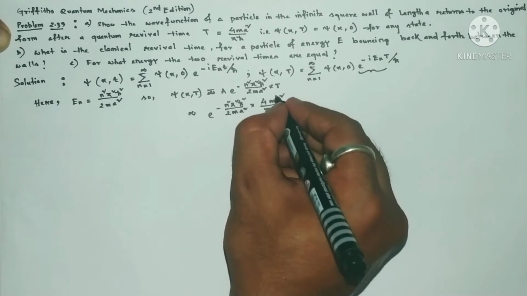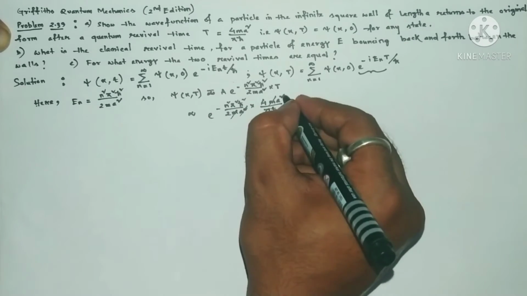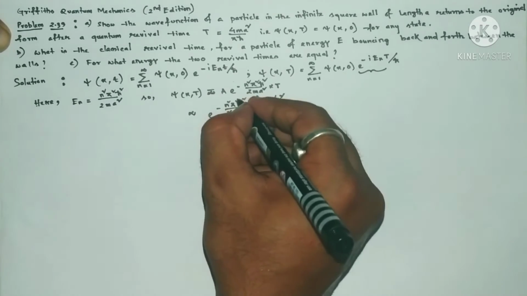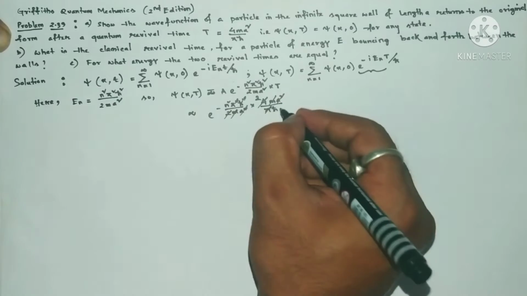Then we can cancel ma², the 2 will reduce to π, and we have ħ.